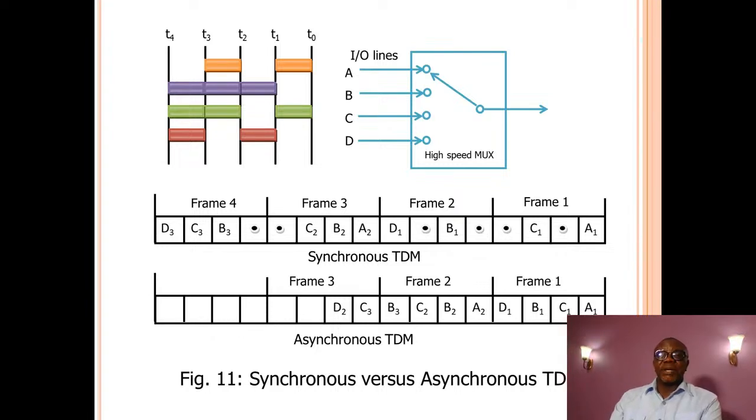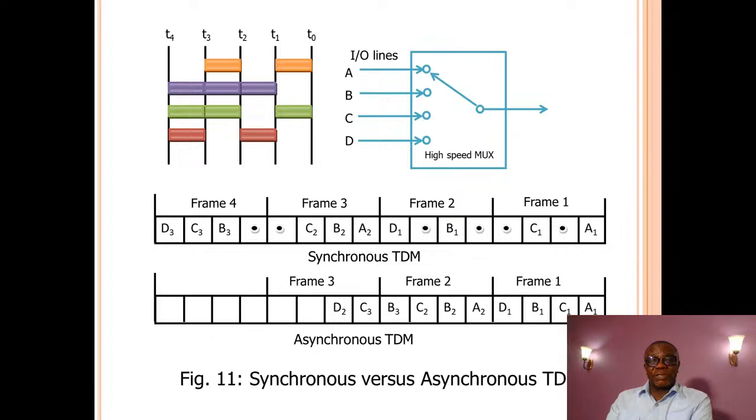To the right, we have a box which we call high-speed mux, and it has terminals A, B, C, D. Now, if you look to the left, you see something like a ladder there, which goes from T0 to T1 to T2 to T3 to T4.